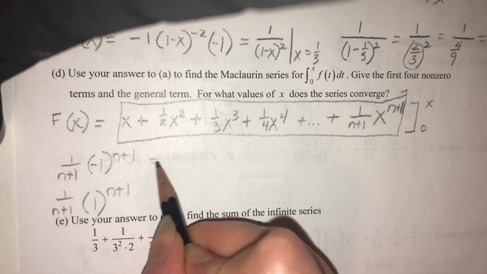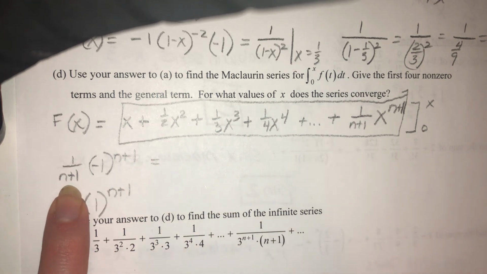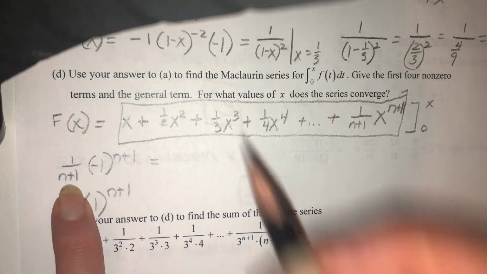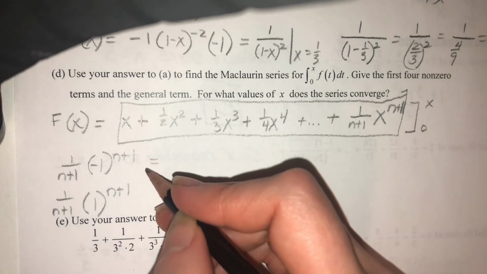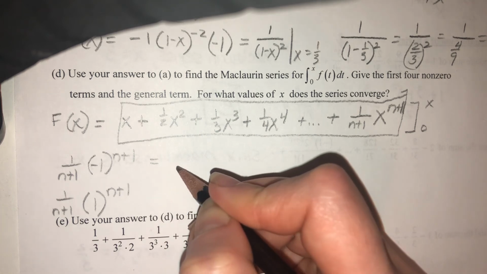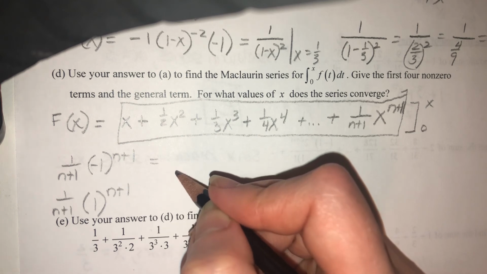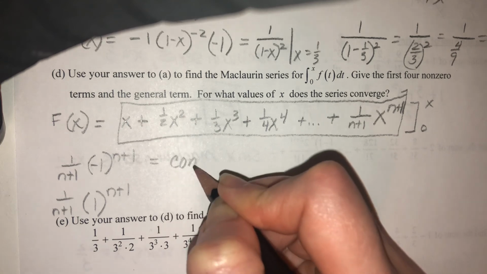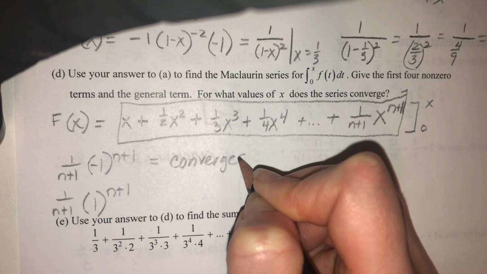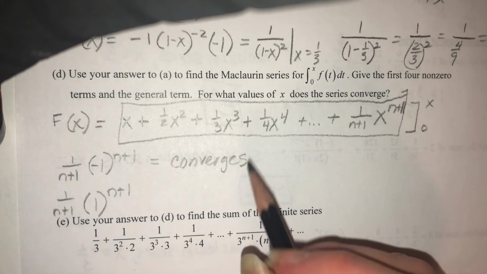This one is going to be the alternating harmonic series, just basically the harmonic series with a shift of one term. The limit does go to 0 of the absolute value of the terms, and the absolute value of the terms do decrease. So by the alternating series test, this one converges. It converges conditionally. It requires the condition of alternating in order to converge.